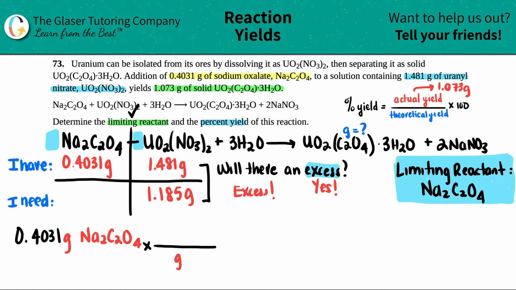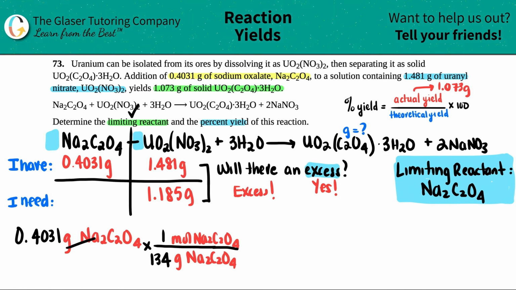So the same thing that we've done before, and then moles of Na2C2O4 goes up on the top. This we already did before, right? 1 mole is whatever it is on the periodic table. And let me just quickly do it again because I accidentally didn't save it, but I can do it real quick. Okay, it's 134.